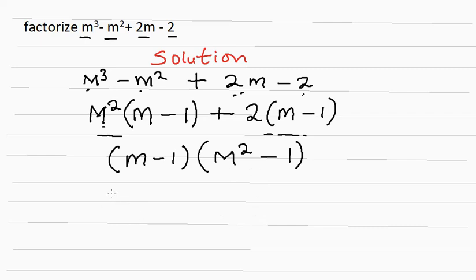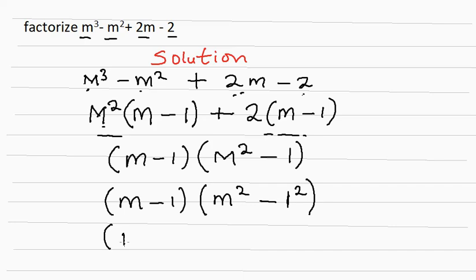How do I know? This is m square minus 1. You know very well that 1 is the same as 1 square, because 1 square is still 1. So applying the difference of 2 squares to that, what I'm going to have is m plus 1, then m minus 1.